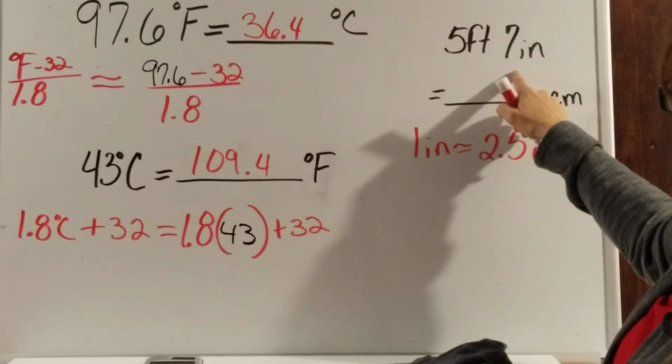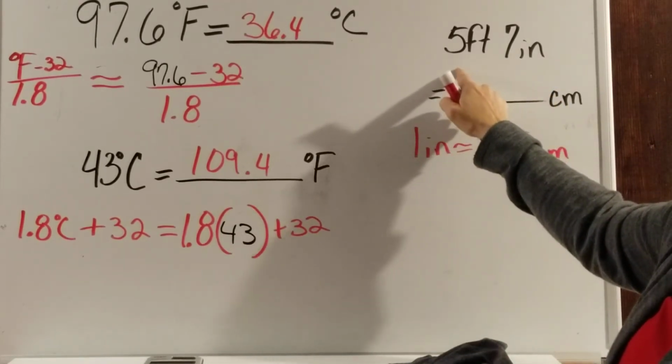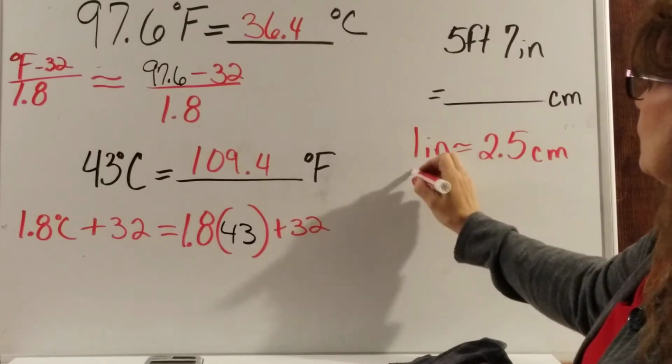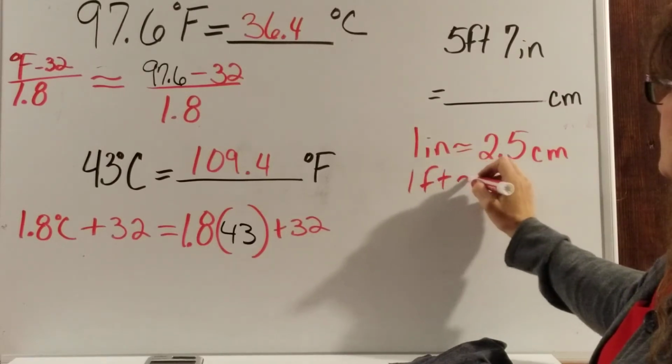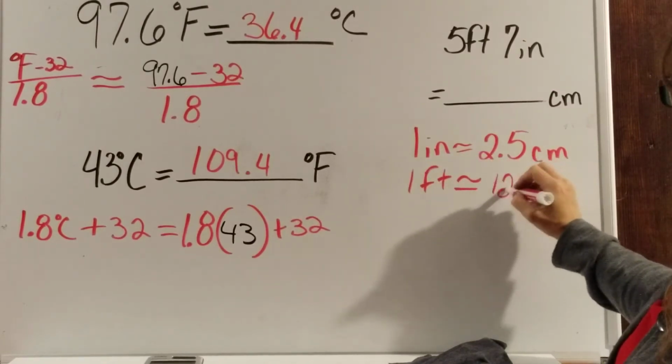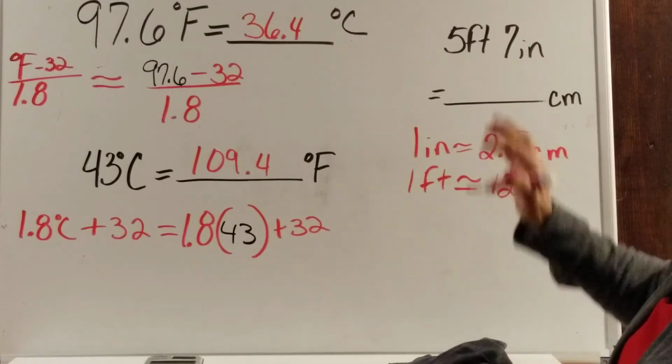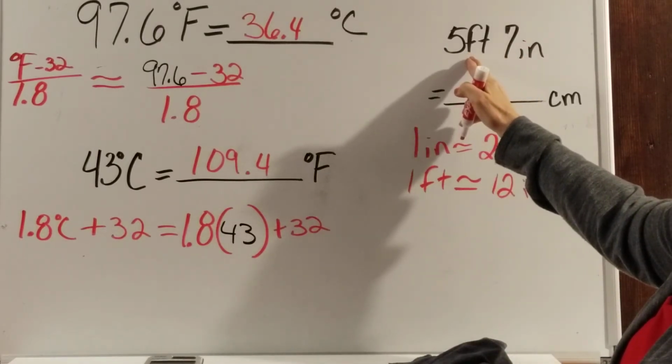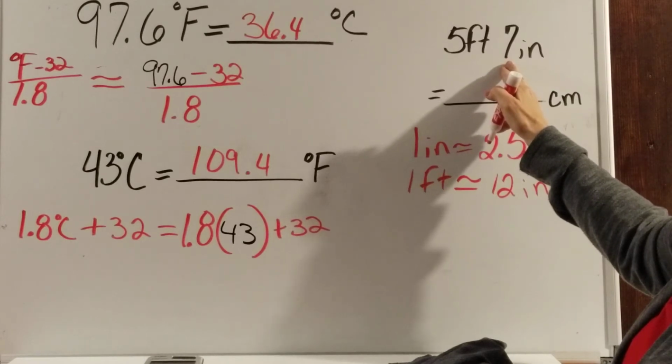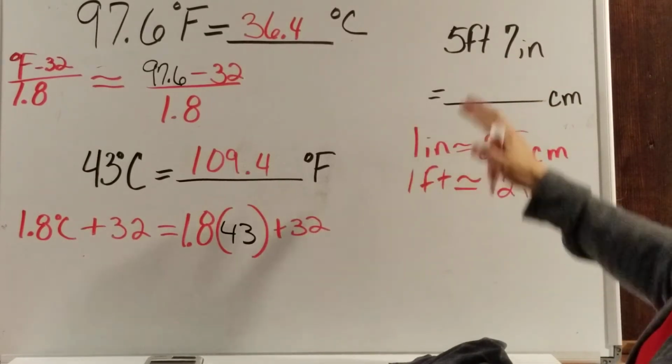Well, we know we've got 7 inches, but we need to figure out what is 5 feet. Well, we know for every 1 foot, it is approximately 12 inches. So I'm going to convert this to inches, then add the 7 inches, and then times it by 2.5. So let's do this.